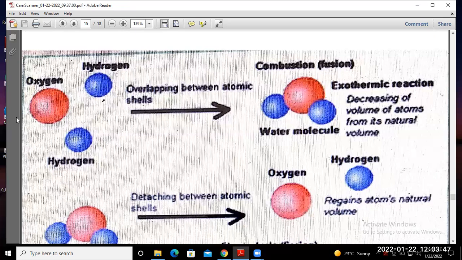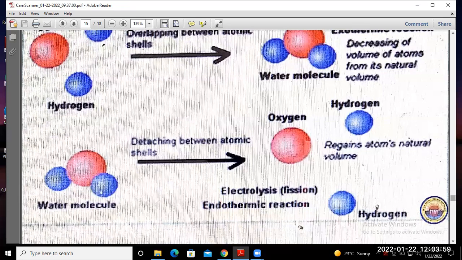The water molecule separates again into natural atoms, hydrogen and oxygen, detaching the atomic cells. So electrolysis takes place during the endothermic reaction.